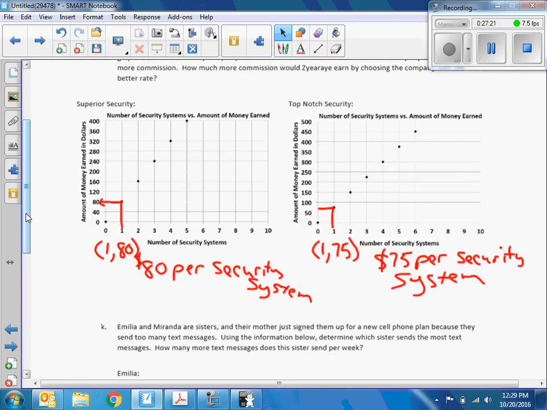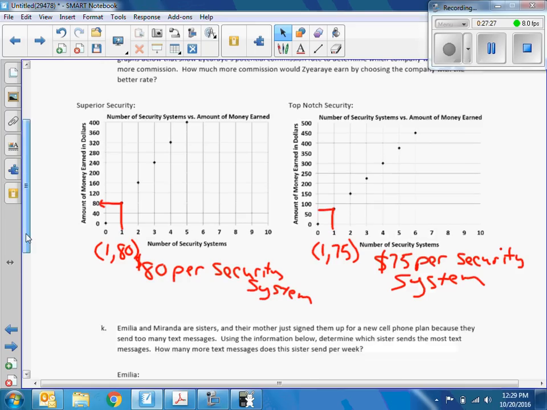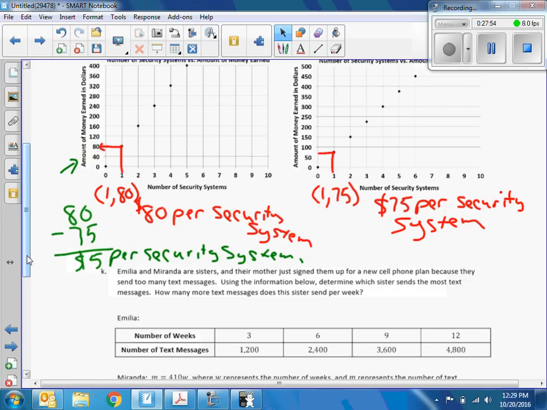How much more commission would they make choosing the company with the better rate? Well, now I haven't answered the question yet. They're going to earn more at this one, right here. So I take how much I'd make there, minus how much I'd make at the other place, subtract, and I would make $5 per security system more at the other place.